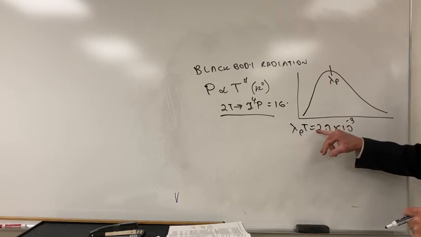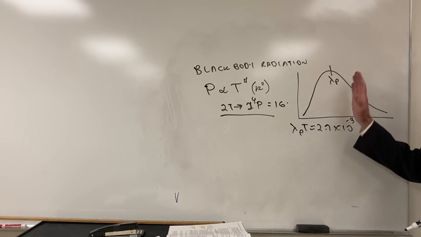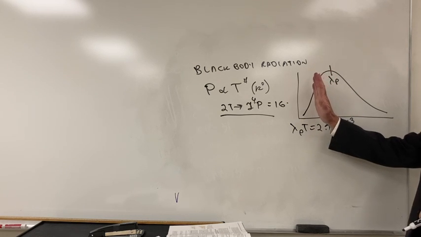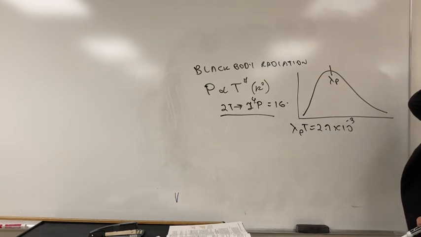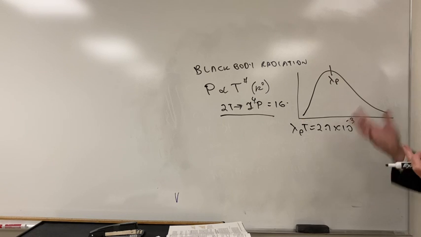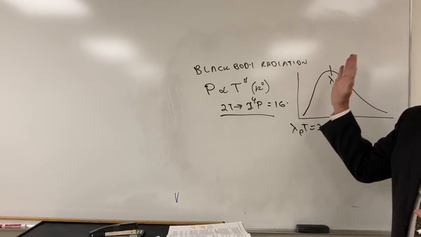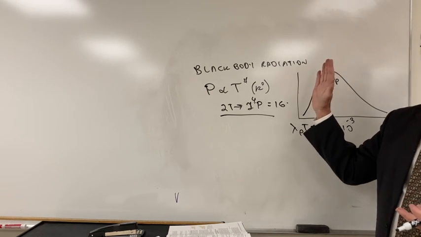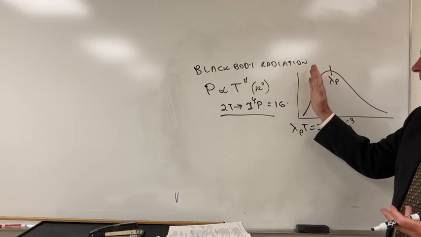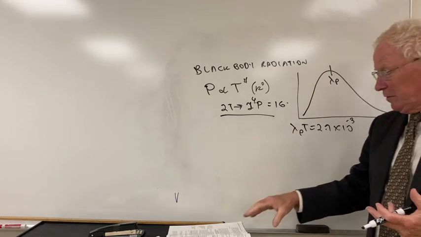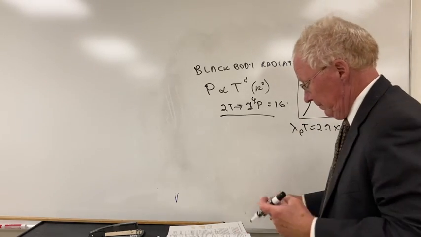So if the temperature increases, the peak wavelength is going to get less and less. Okay? So a hot object radiates more energy in the higher energy, shorter wavelengths. All right.